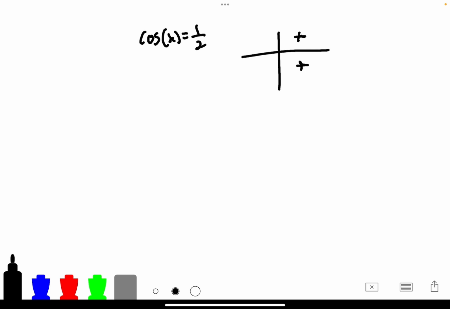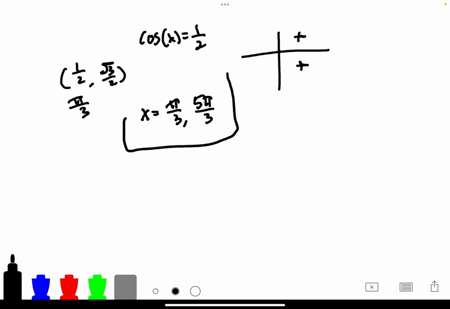In other words, where would 1/2 be in a family? That is, so 1/2, root 3 over 2, this would be the pi over 3 family. So you always would put pi over 3. And in this case, you would also put 5 pi over 3 because of the fact that quadrant 4 has a positive x.